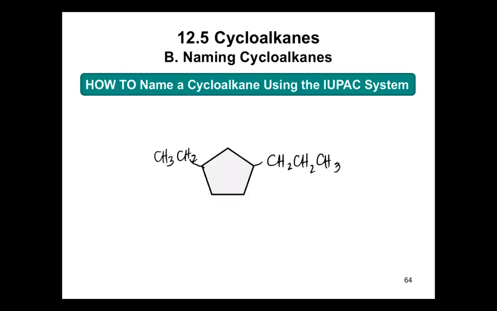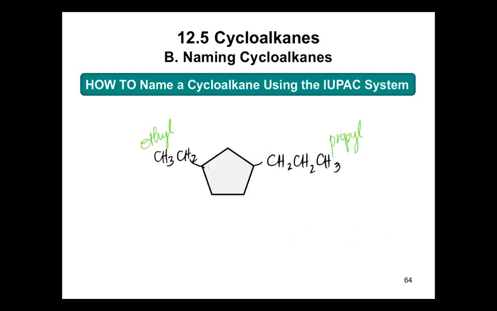And then another example here, you have here yung parent cycloalkane, which is cyclopentane. And then you have 2 different substituents. You assign yung lowest number dun sa alphabetically. So, this one is ethyl. Ito ay propyl.